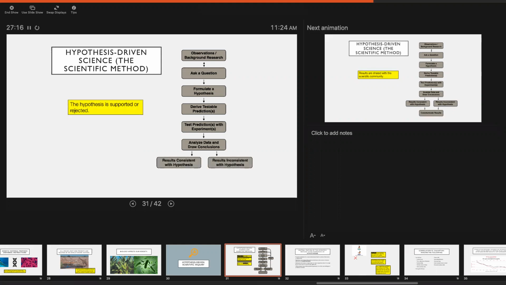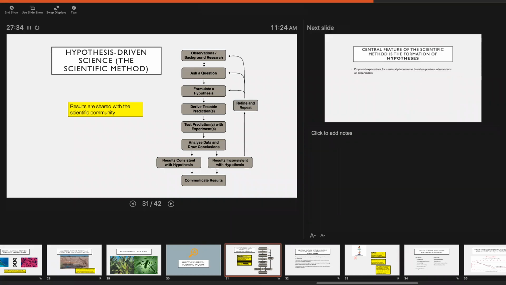If you have supported your hypothesis, then you would say the hypothesis is supported and you would continue to do more experiments. If it is inconsistent, you would reject your hypothesis and communicate these results to others.